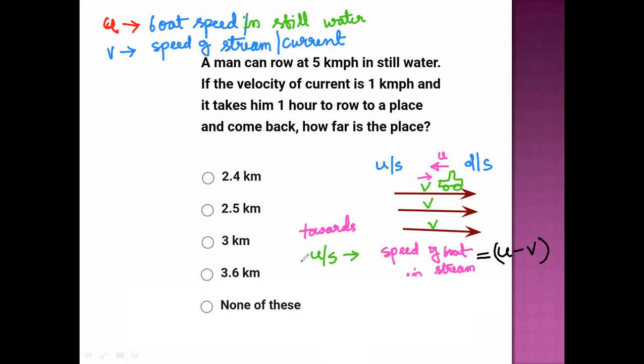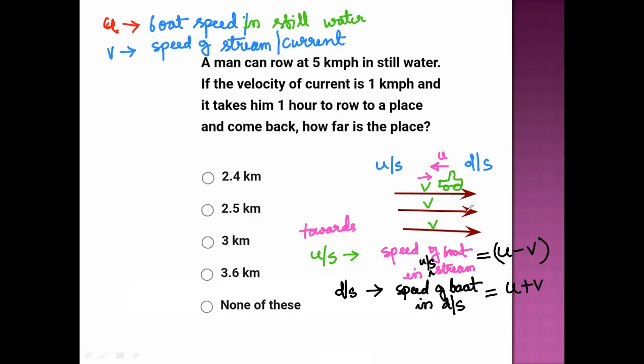Towards the downstream, what will be the speed of the boat? The speed of the boat in upstream is u minus v. The speed of the boat in downstream is equal to u plus v.